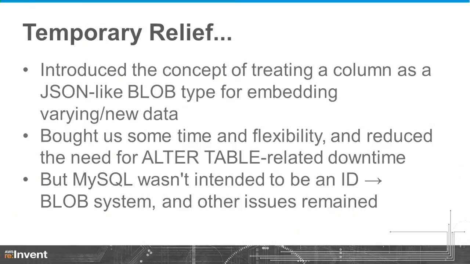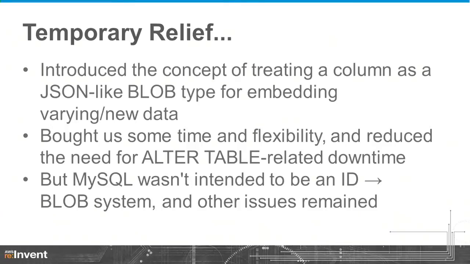So we did take some steps internally to help mitigate this and buy us a little runway to keep using MySQL with a little flexibility. I think this is also something that you're going to find some of your peers at this conference doing. We introduced the concept of getting a blob column and ensconcing JSON serialized data in it. So this data, we can change the shape and nature of it over time without doing an alter table.